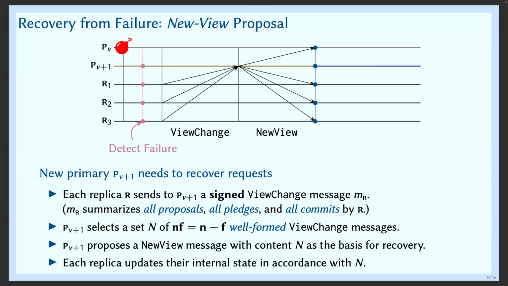Because when we're reaching the change state, the new primary would only send a new view once it hears from 2f plus 1. So that means there is an agreement that 2f plus 1 think he is the next primary. So the view changes help us with the view synchronization. New view is about state synchronization. The new primary tells us what happened previously, helping us to synchronize.